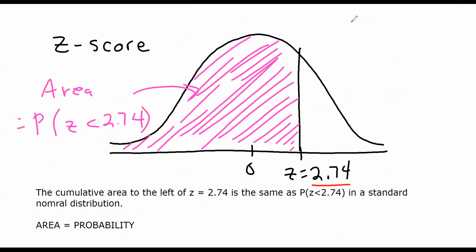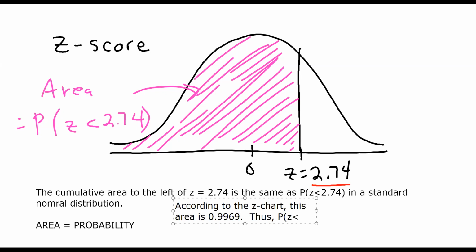So, let me type this. I'll move this text box in a moment to a better place. According to the chart, the area is 0.9969. Thus, the probability that z is less than 2.74 is equal to 0.9969 or 99.69%.